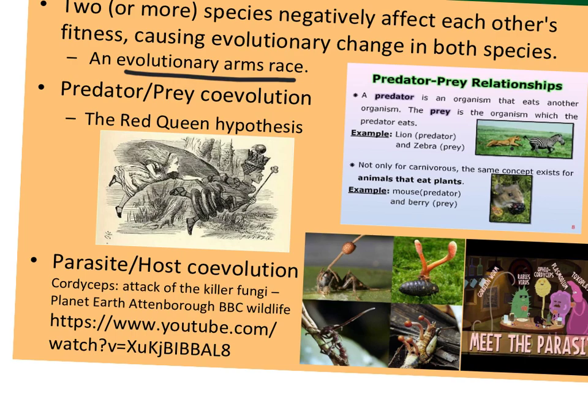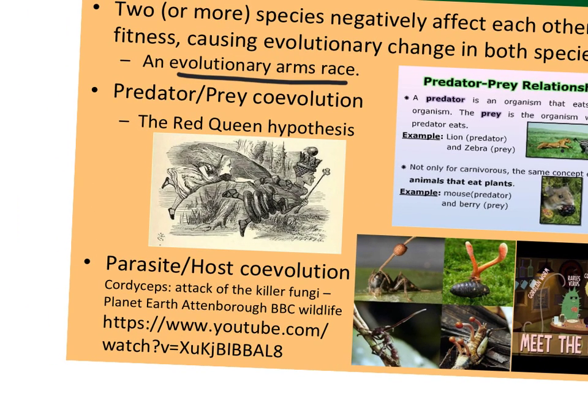And then parasites, there's the Red Queen hypothesis. So, the Red Queen, Lewis Carroll, Alice in Wonderland, down the rabbit hole, right? And the Red Queen hypothesis is that Alice gets down and the Red Queen is running.